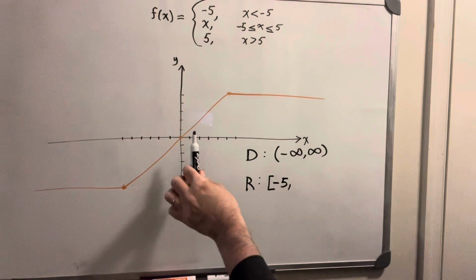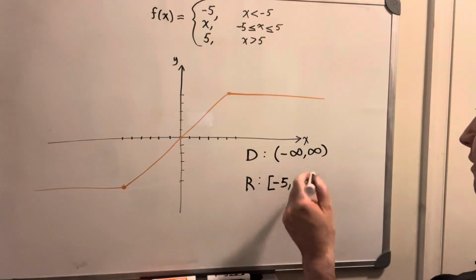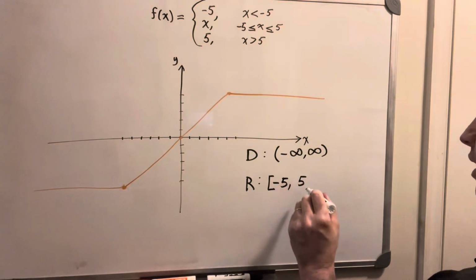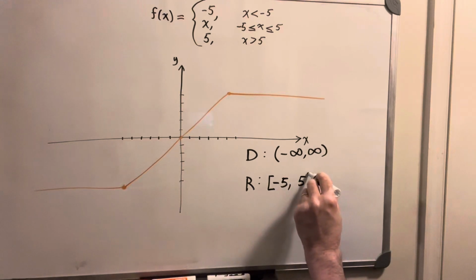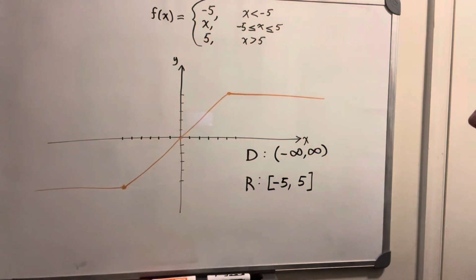How about in the positive direction? What's the highest value that the function takes? Clearly, it's 5. And I started already to put the interval because there's no value between -5 and 5 that the function does not take, right? So the range is the closed boundary from -5 to 5. So there's the sketch, the domain, and the range.